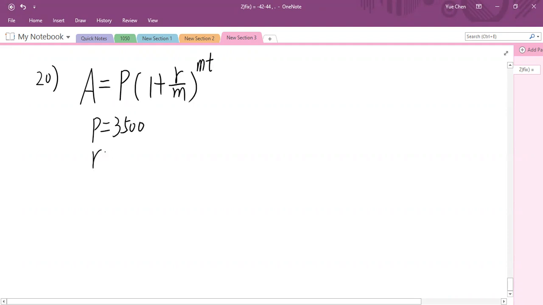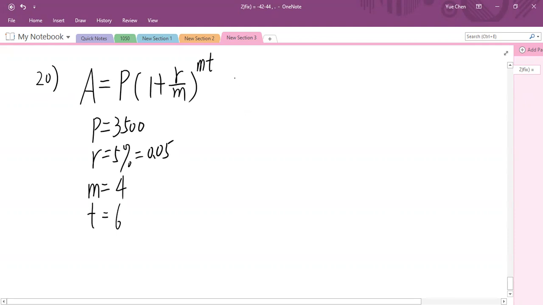R equals 5%, which is 0.05. And M equals 4, since it is compounded quarterly. And T equals 6 years. So then you plug in everything.